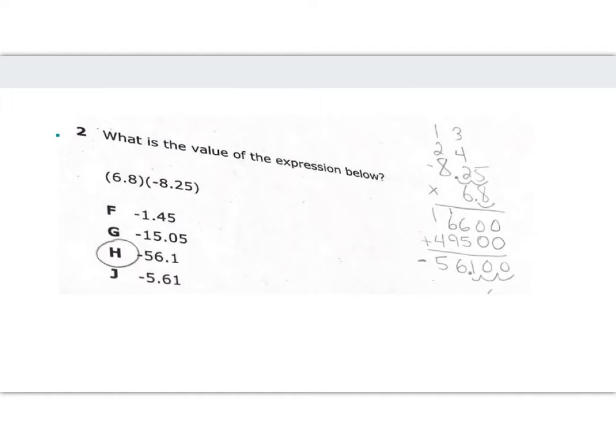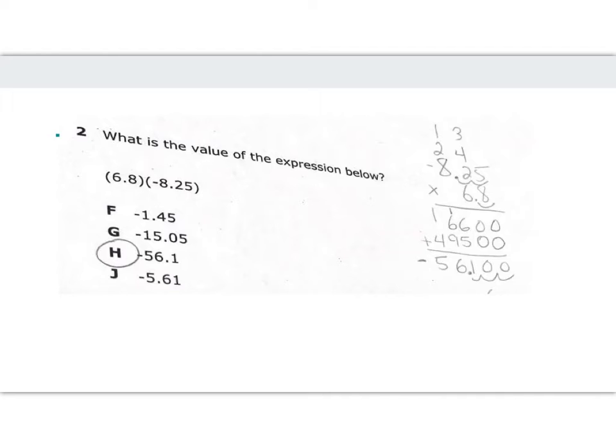The last thing you need to do is go ahead and count how many decimals we have. So 8 and 25/100 would be 2 places, 6 and 8/10 is 1 place, for a total of 3 places. That is why in our answer on the bottom, I had to move it back in 3 places.